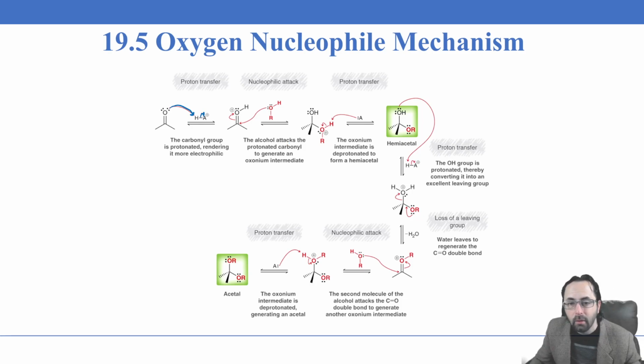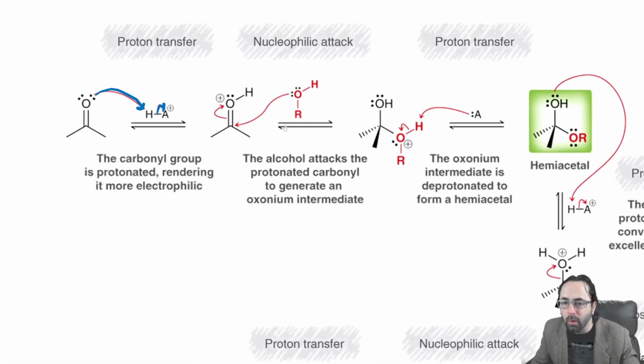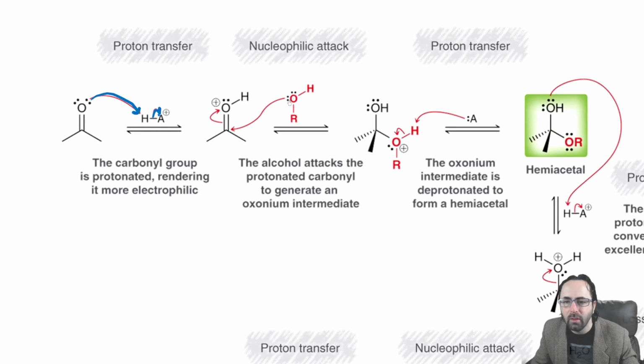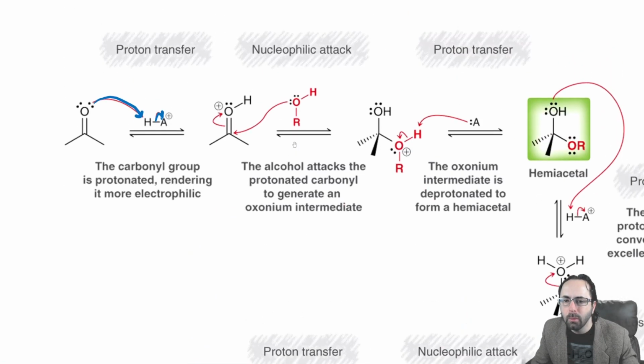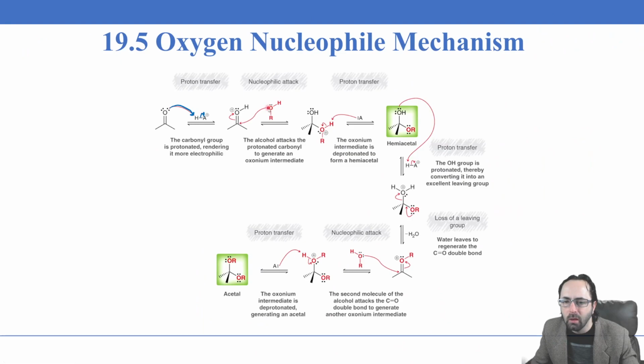At that point, remember that this makes the carbonyl much more reactive. So it's at that point that we're going to have a nucleophilic attack here, a nucleophilic attack by the alcohol. And then we use this resonance arrow again to draw the lone pair here on the oxygen. So now this carbon is making two sigma bonds.